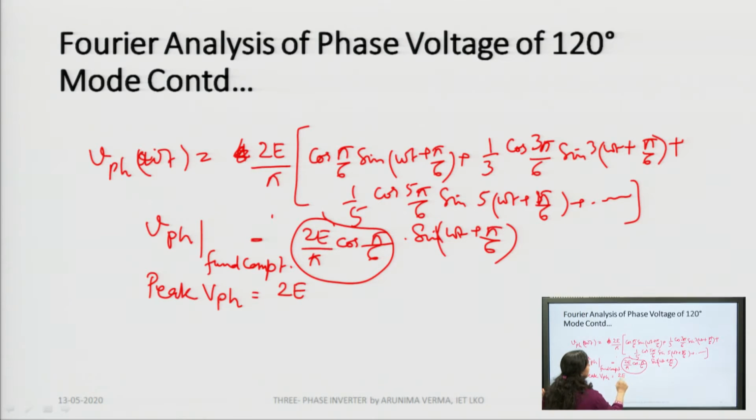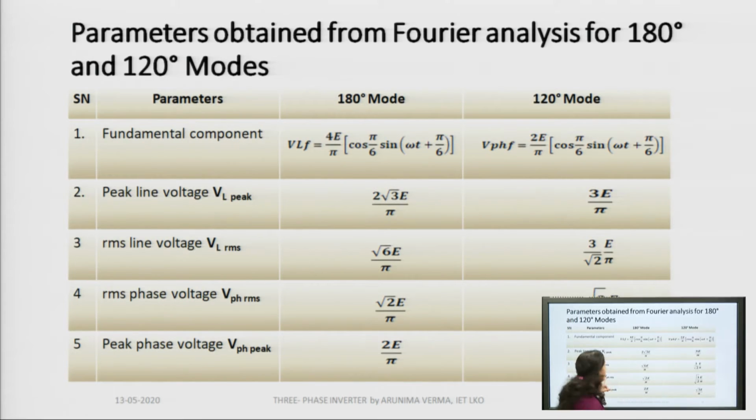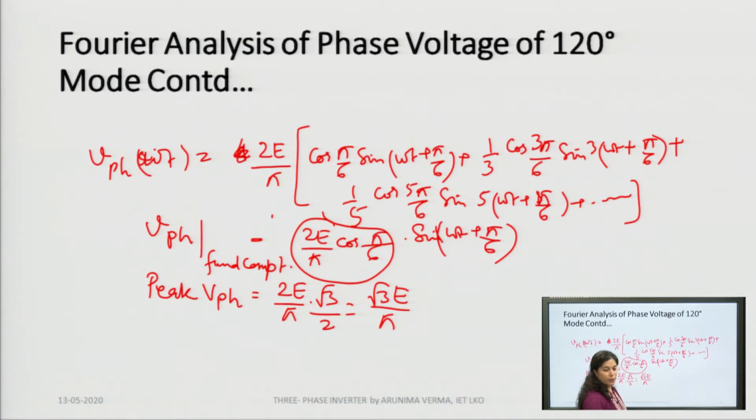So, 2 E by pi and cos pi by 6 is root 3 by 2, very good. So, you get this as root 3 E by pi. This is how you calculate the peak value of the phase voltage, root 3 E by pi, that is the 120 degree mode phase voltage peak value.